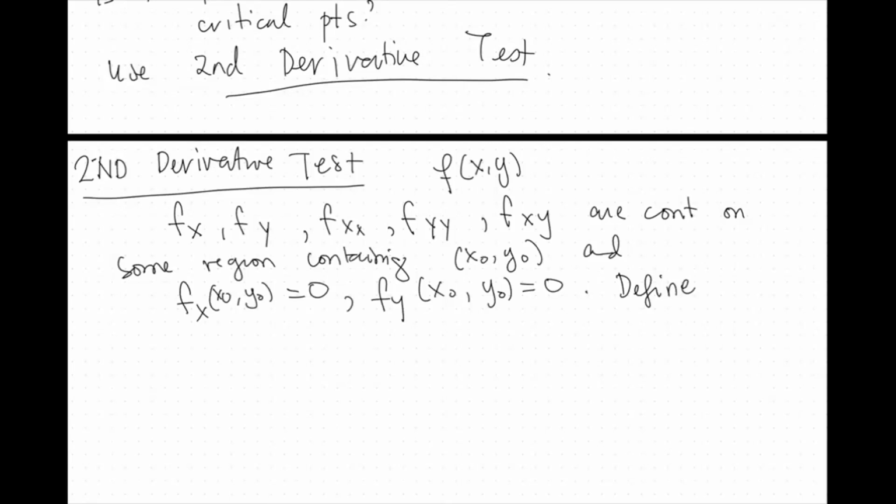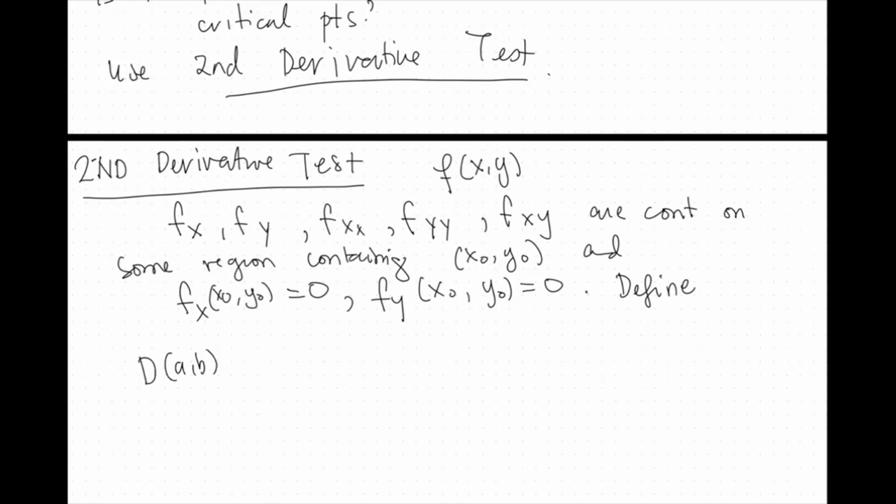We will define here D of (a, b). This is like the Hessian, but anyway, let me check the literature.